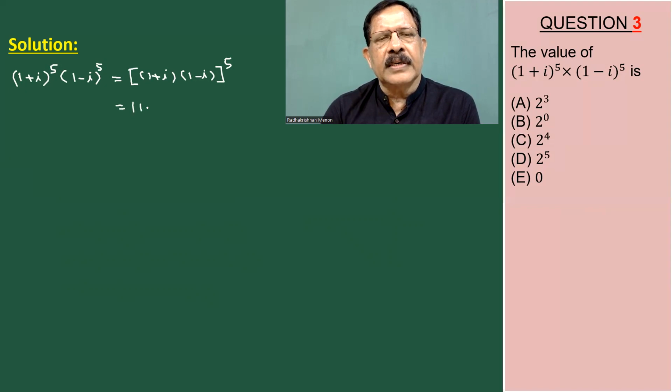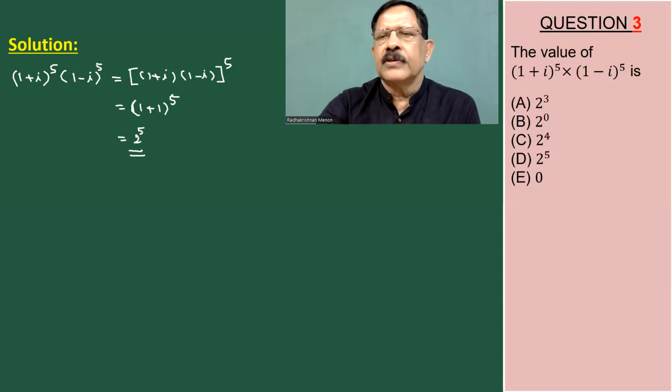That is 1 squared plus again 1 squared. Whole raised to 5, it is 2 raised to 5. (a plus ib) into (a minus ib) is a squared plus b squared; that is the formula we have used here. 2 raised to 5 is appearing as option D. Now, the fourth question.